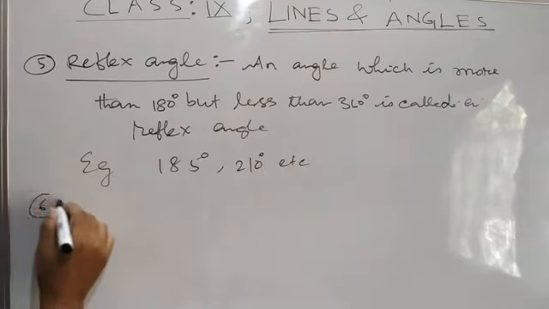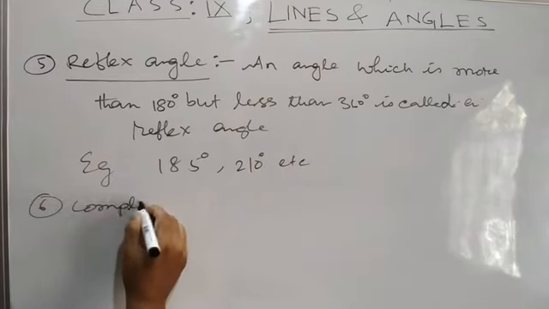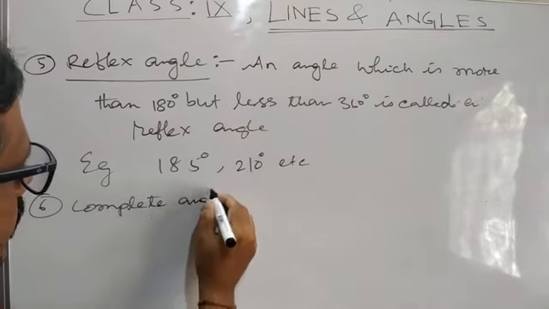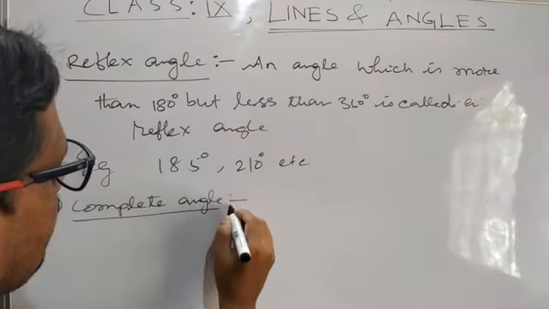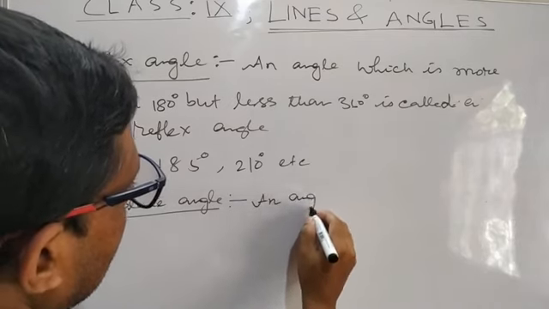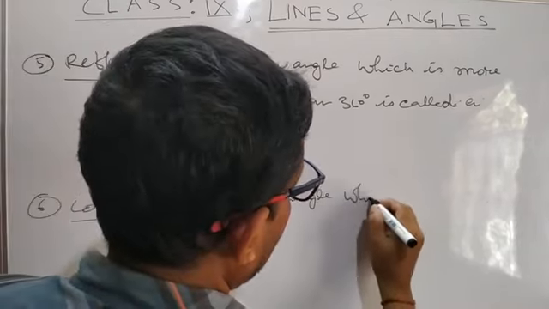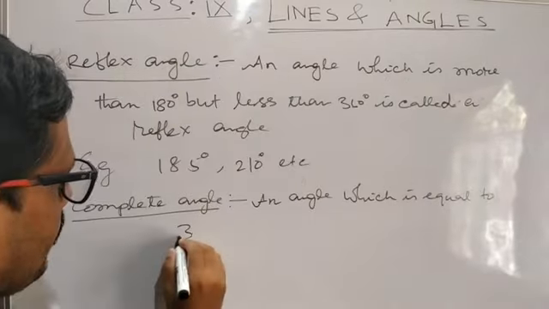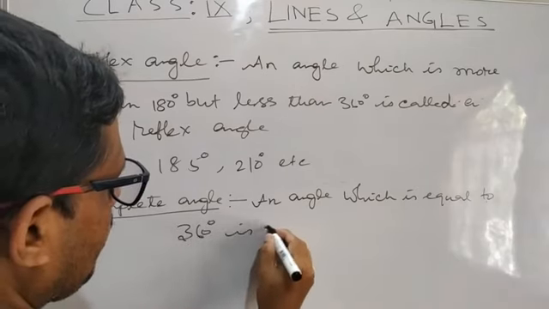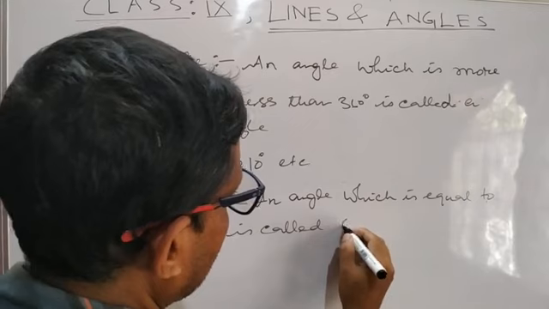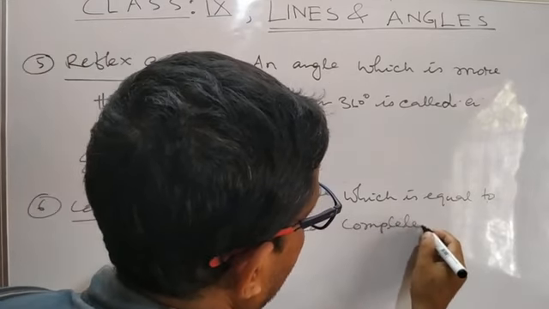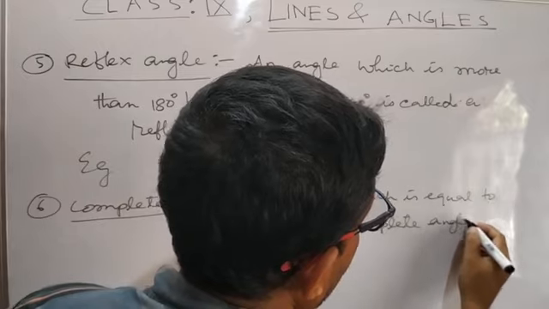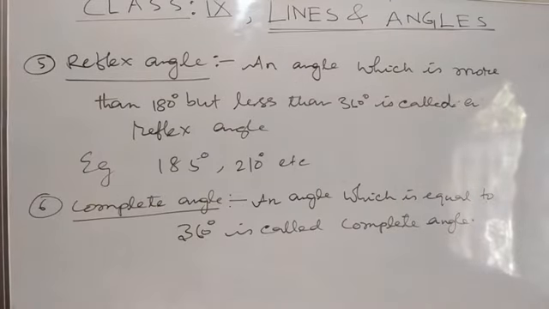Number 6, complete angle. Complete angle means an angle which is equal to 360 degree is called a complete angle.